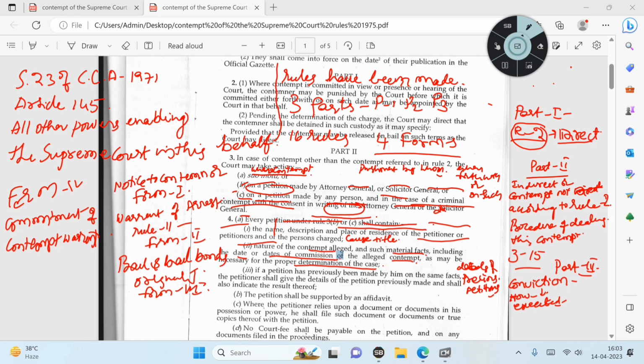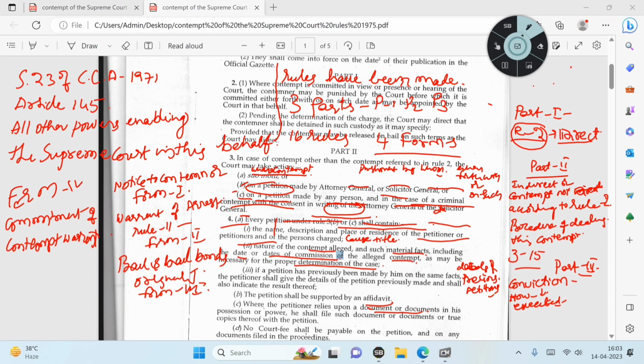Next, affidavit. The petition shall be supported by an affidavit. It is also common. Next, documents. A list of documents in his possession or power, and he shall file such documents or true copies thereof with the petition.